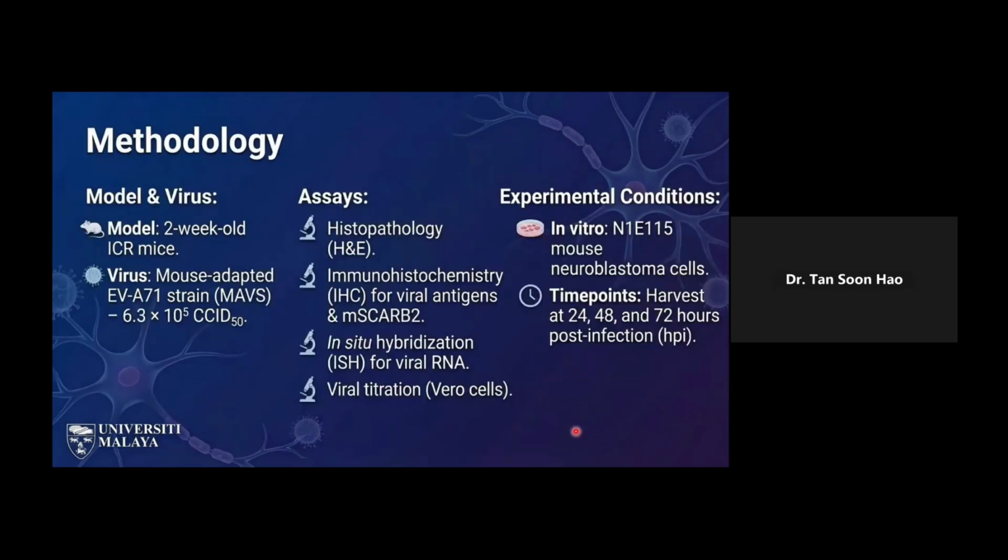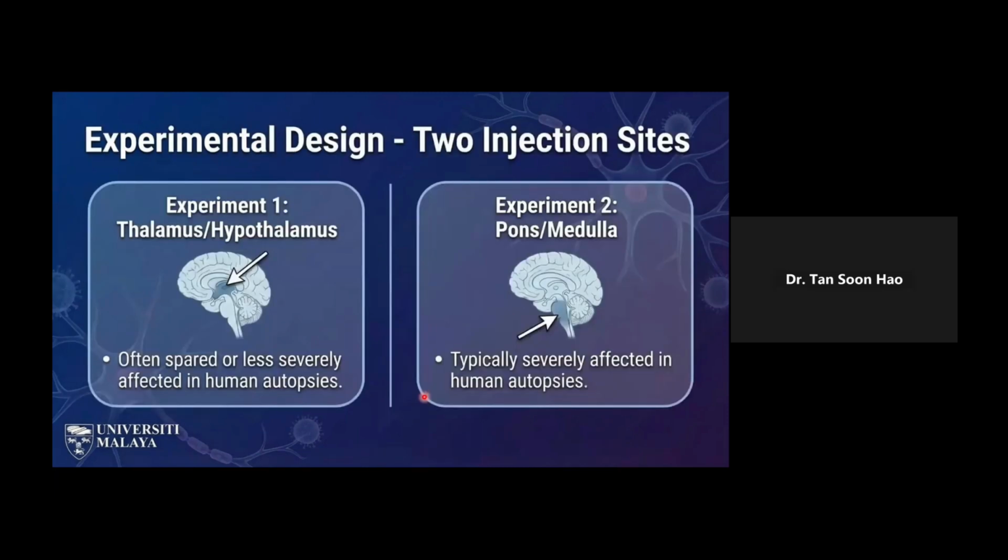So this is our mouse model. Using 2-week-old mice, we inoculate them with EV-A71 mouse-adapted strains, and analyze using histopathology analysis and some viral molecular analysis, for example, titrations and molecular techniques. Then we also have some in vitro results to counter-check the analysis of the animal model. To answer that, we select 2 regions in the brain.